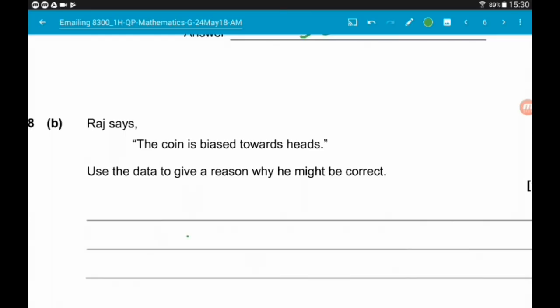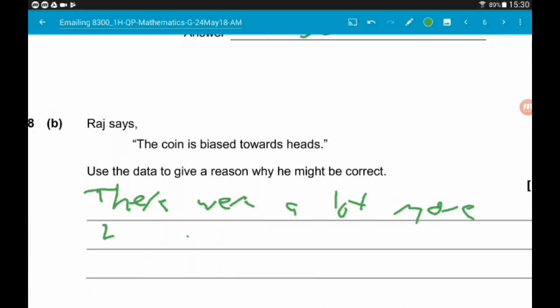So here I'm going to say we could say 31 is 6 more than 25. I'm going to say that there were a lot more heads than tails. Cool.